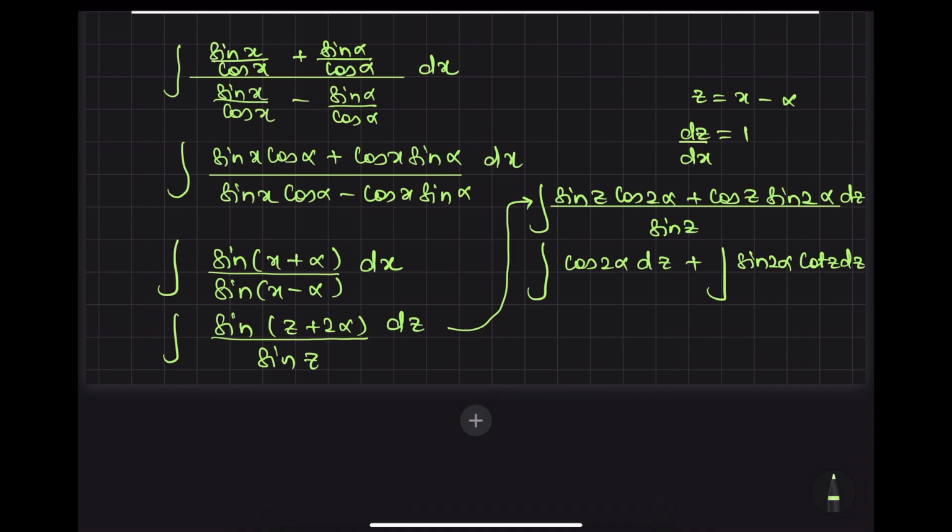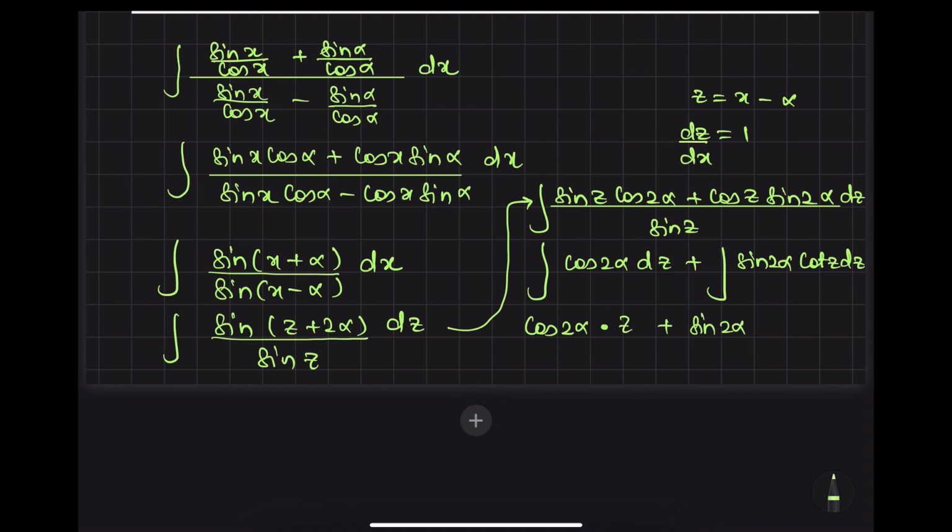Now be super slow. You are integrating with respect to z, so everything except z is a constant. So cos 2 alpha is a constant, so the constant goes outside. Now the integration of 1 becomes z. So I can write z plus, sine 2 alpha is a constant, so sine 2 alpha is taken outside.